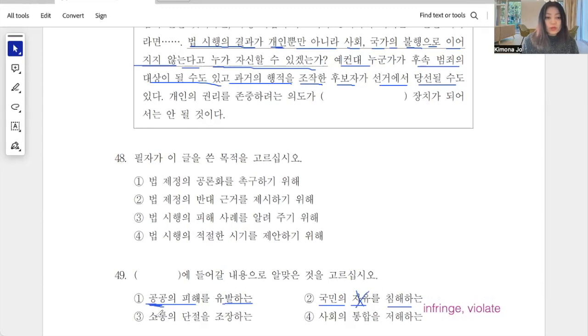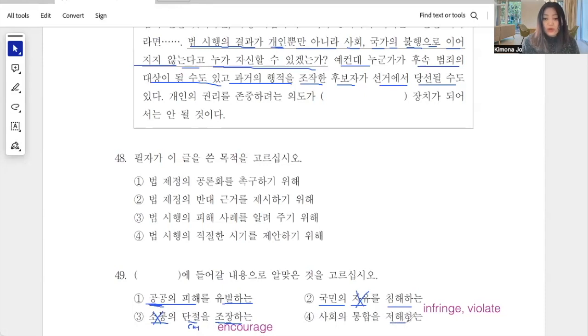That's why it's wrong. Number 3, 소통의 단절을 조장하는. 자, 조장하다, 조 is make, 장, encouragement. So 조장하다, encourage. Device that encourages the cut of communication. 아니죠, cut of communication. The writer did not mention the cut of communication, so this is also wrong.